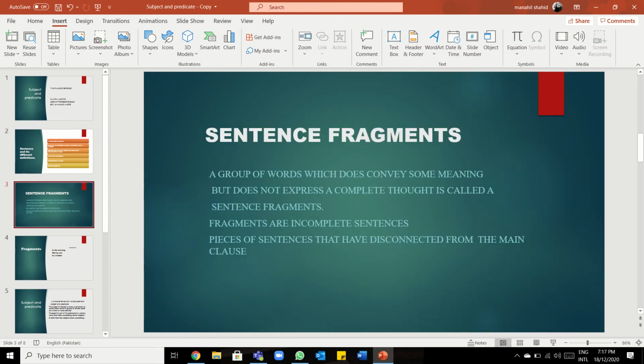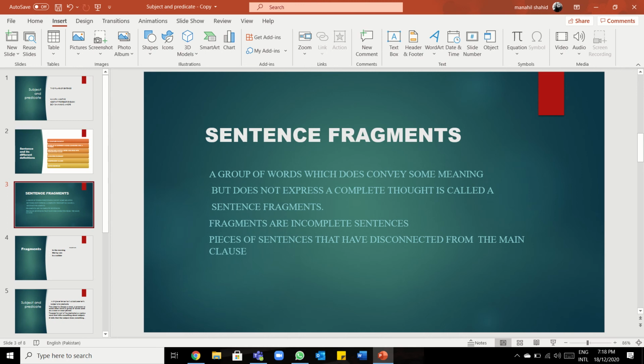The main aspect of the sentence is the sentence fragment. We use different fragments in the formation of a sentence. For example, a group of words which does convey some meaning but does not express a complete thought is called a sentence fragment.